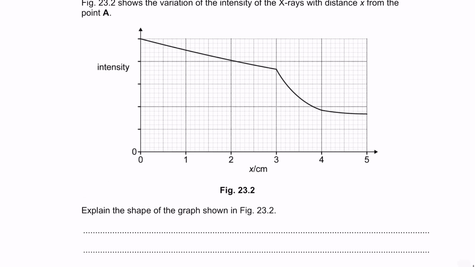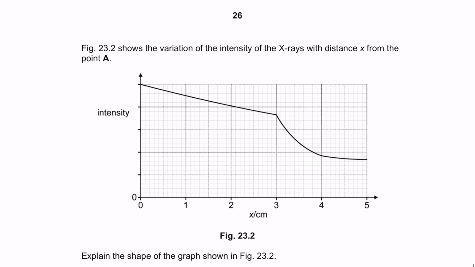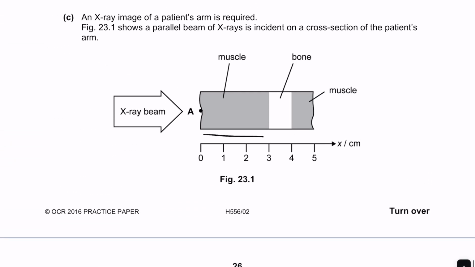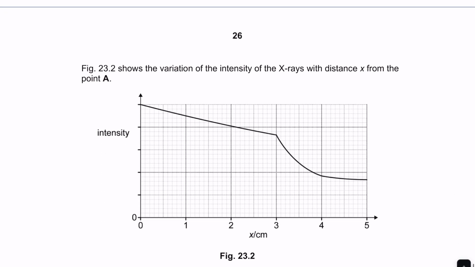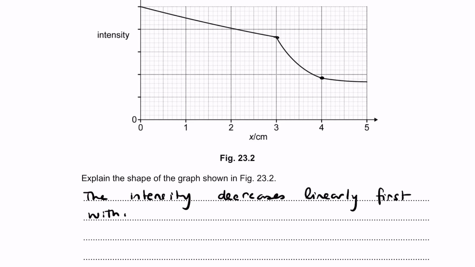For the shape, we can see at first from 0 to 3 centimeters, which is basically the muscle, as the depth increases, the intensity is decreasing linearly at first because it's the same tissue, muscle, right? But then it decreases exponentially as it enters the bone, from 3 centimeters to 4 centimeters.